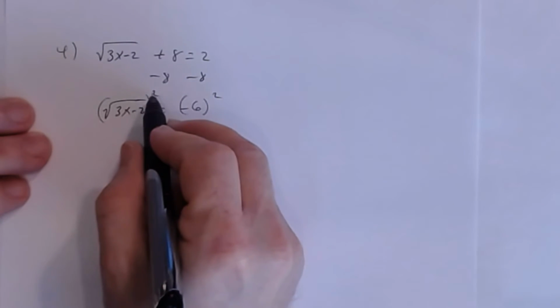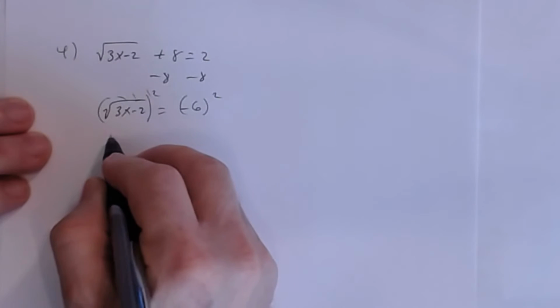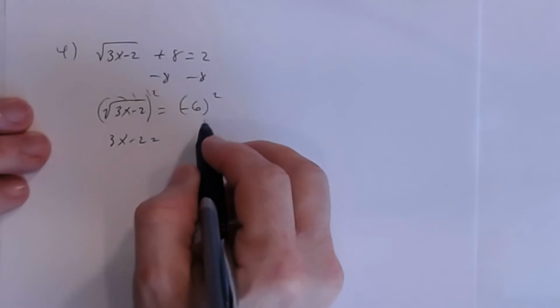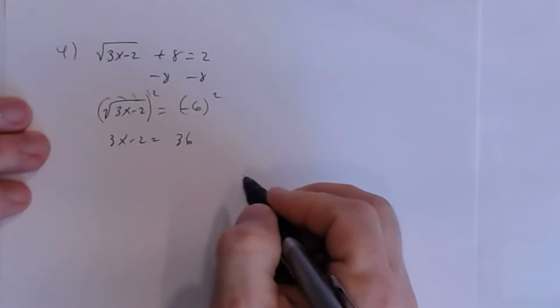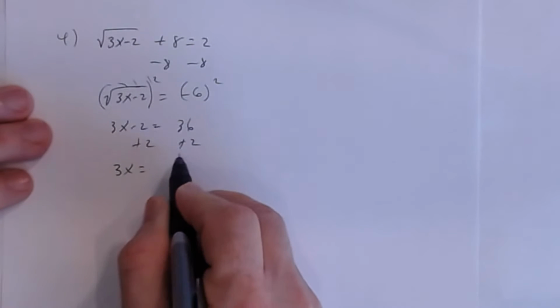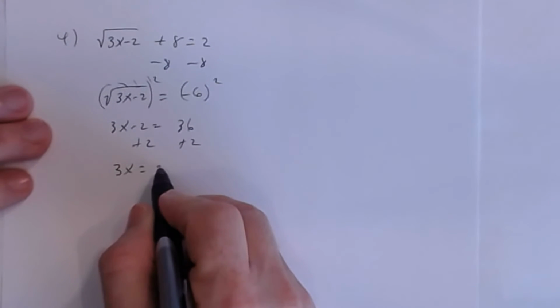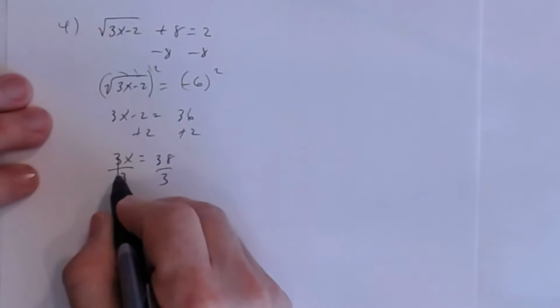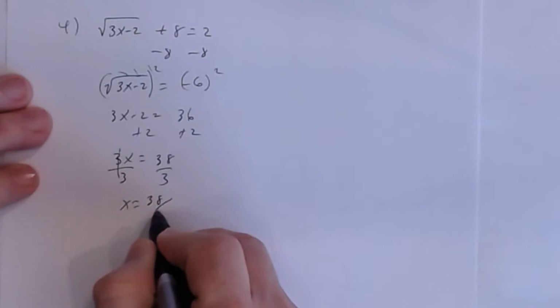The square and the square root undo each other, so you get 3x minus 2 equals, now be careful here, negative 6 times itself is a positive 36. So now you add 2 to both sides, and you get 3x equals 36 plus 2, which is 38. Then divide both sides by 3, and I get x to be 38 thirds.